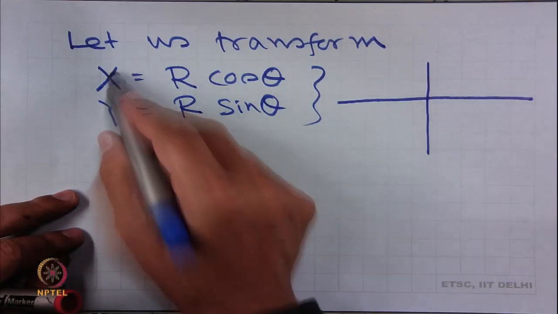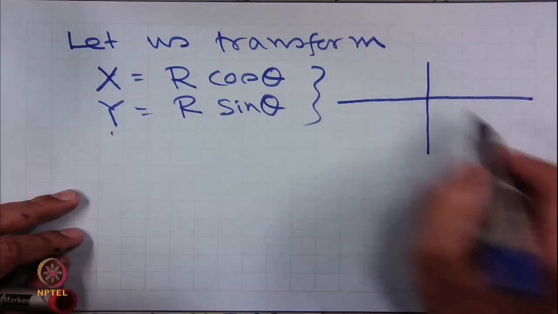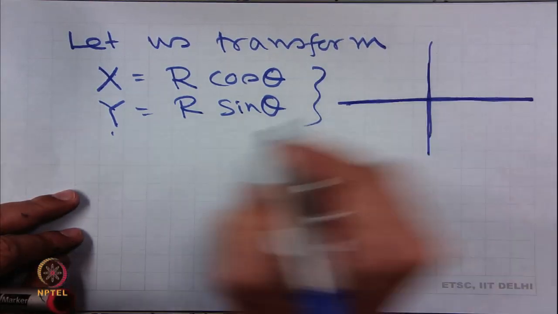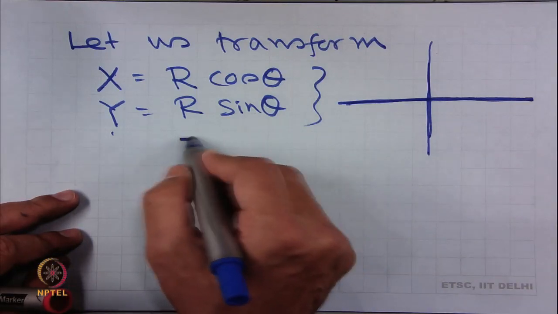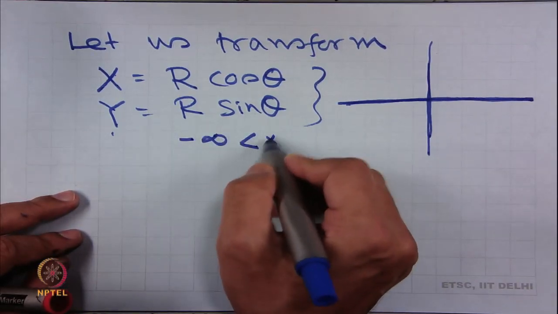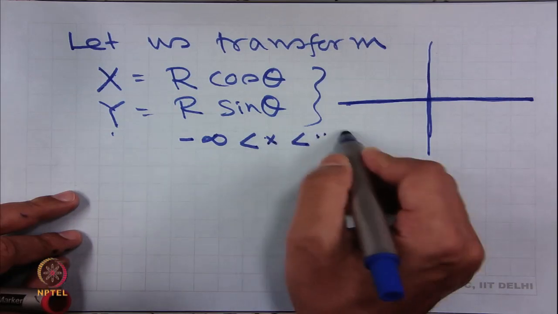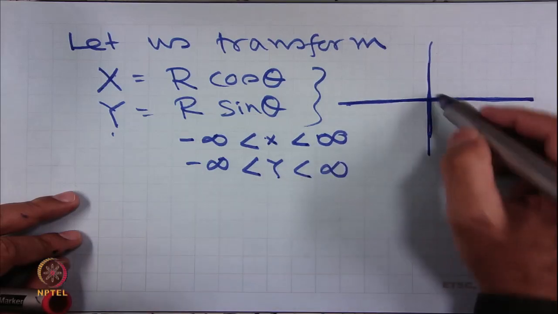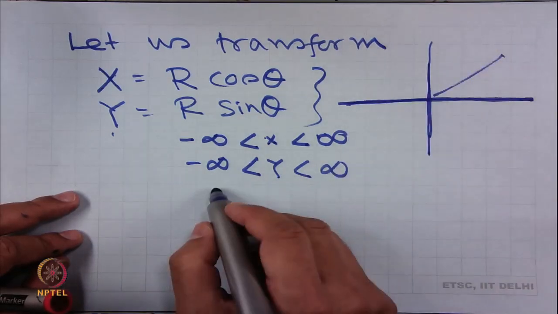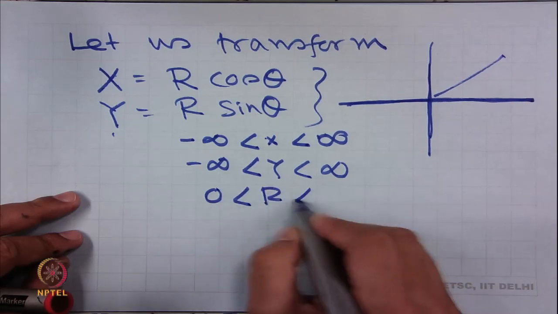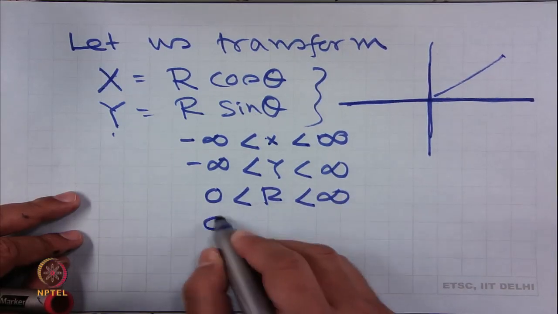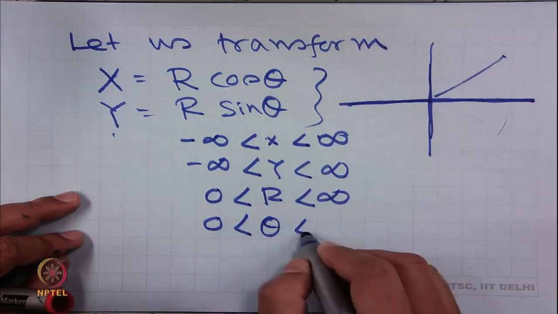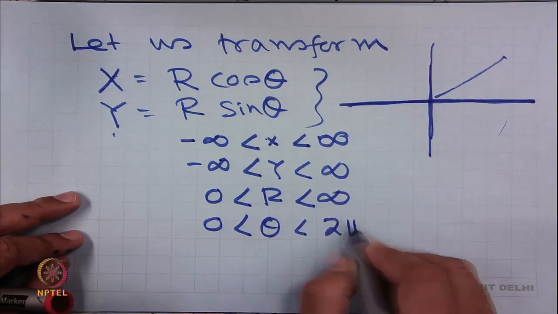Instead of x 1 and x 2, let me call them x and y. Therefore, we are covering the entire 2D plane: minus infinity less than x less than infinity, minus infinity less than y less than infinity. r is the radius of transformation, so r goes from 0 to infinity, and theta covers the entire plane, so theta belongs to 0 to 2 pi.